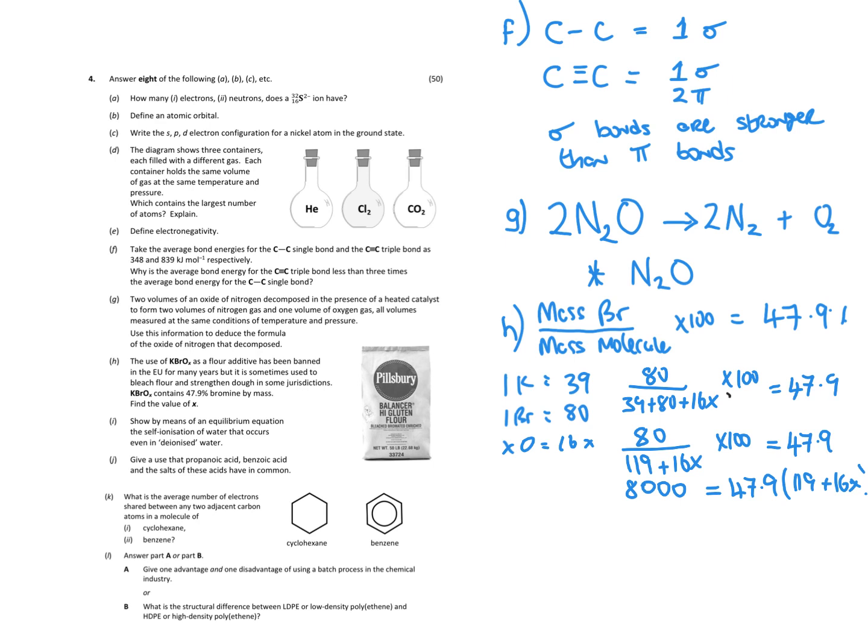So if we go and work that out, you'll get 8,000 is equal to 5,700.1 plus 766.4x. So that gives us 766.4x is equal to 2,999.9, and then dividing by the 766.4 gives us that x is equal to 3. So that is your answer for that part.